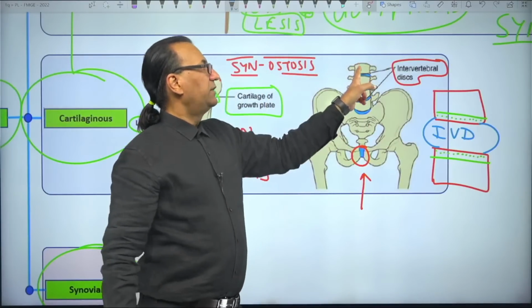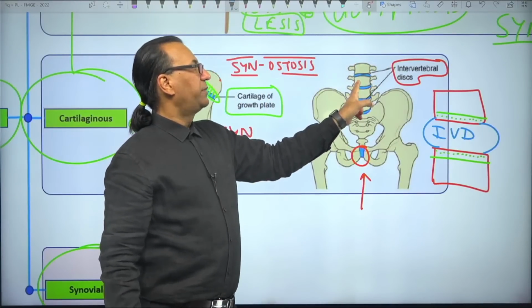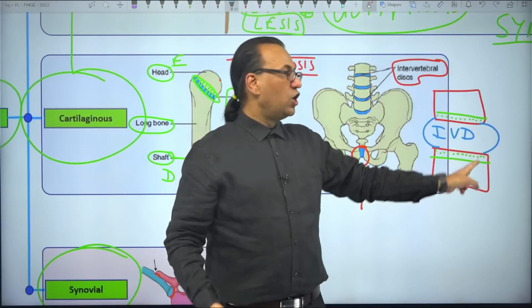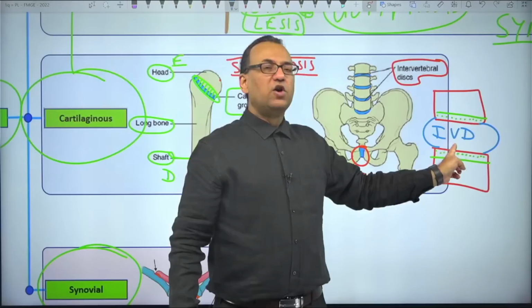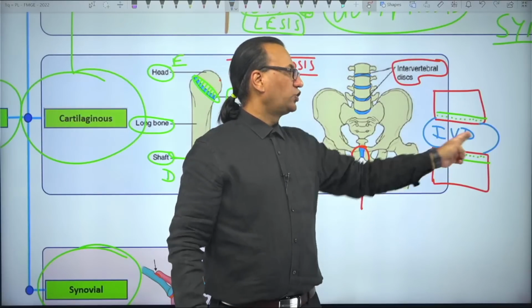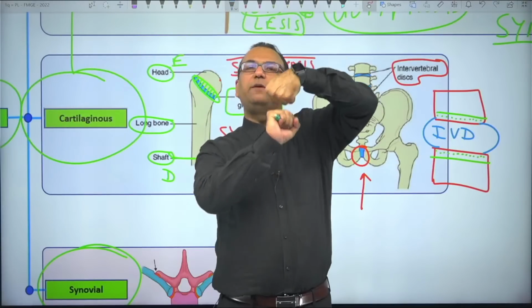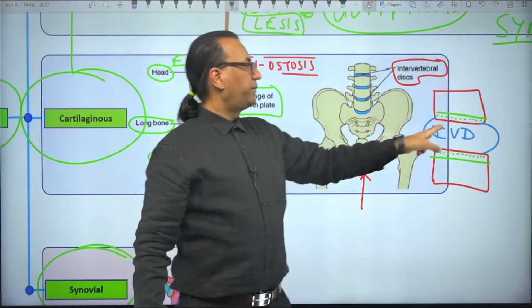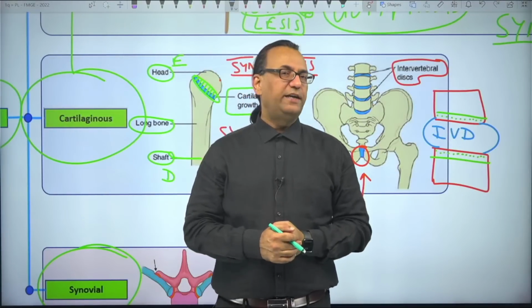So one vertebra is separated from the other vertebra with the help of hyaline cartilage plus fibrocartilage. The intervertebral disc is fibrocartilage. It is like a shock absorber. Between two vertebrae you keep a shock absorber, that is the intervertebral disc, and it is made up of fibrocartilage.